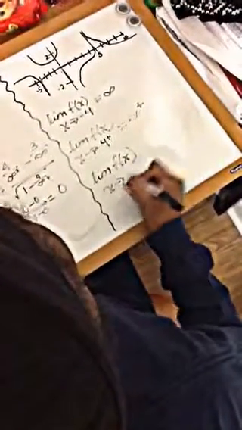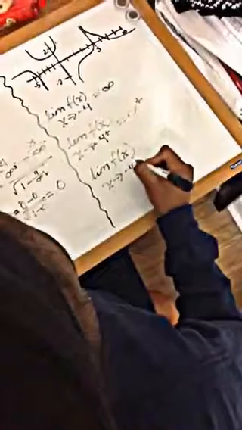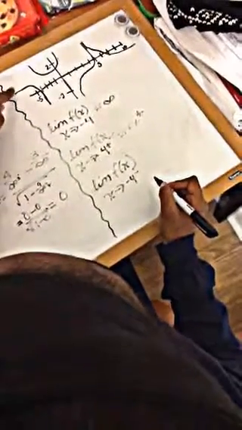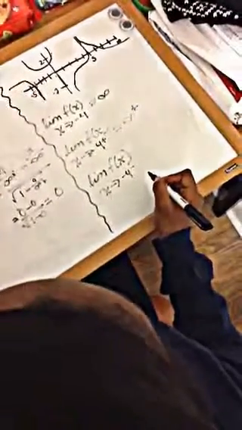Then lastly, I will find the limit of f of x as x approaches -4 from the left. As you can see, I will do it with my finger. It approaches it, but it never touches it, and that is infinity from the left.